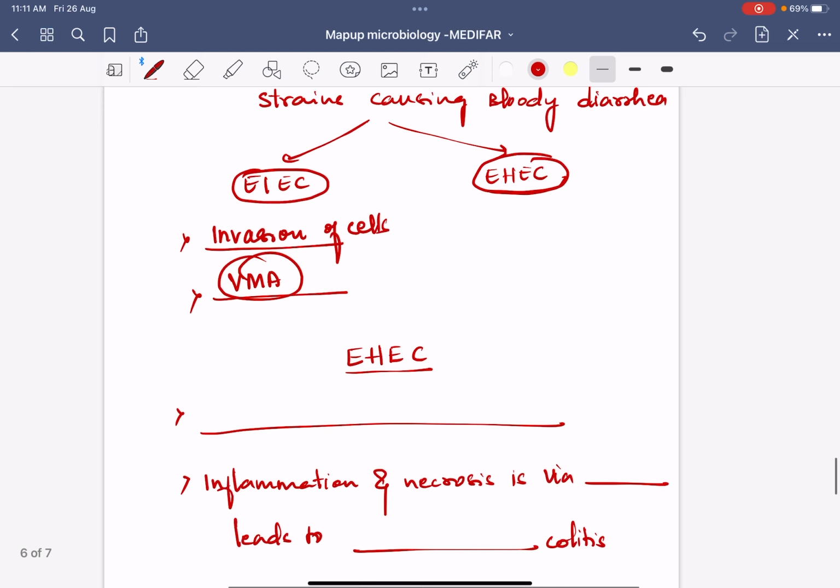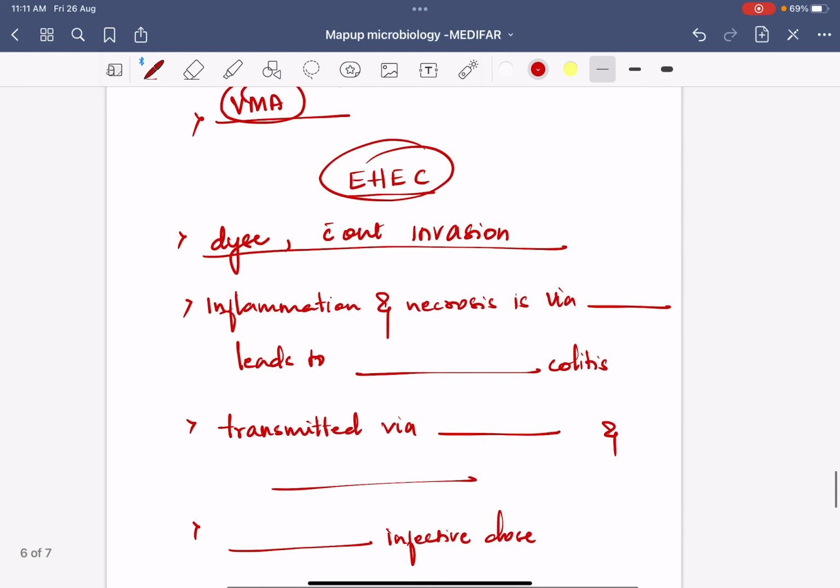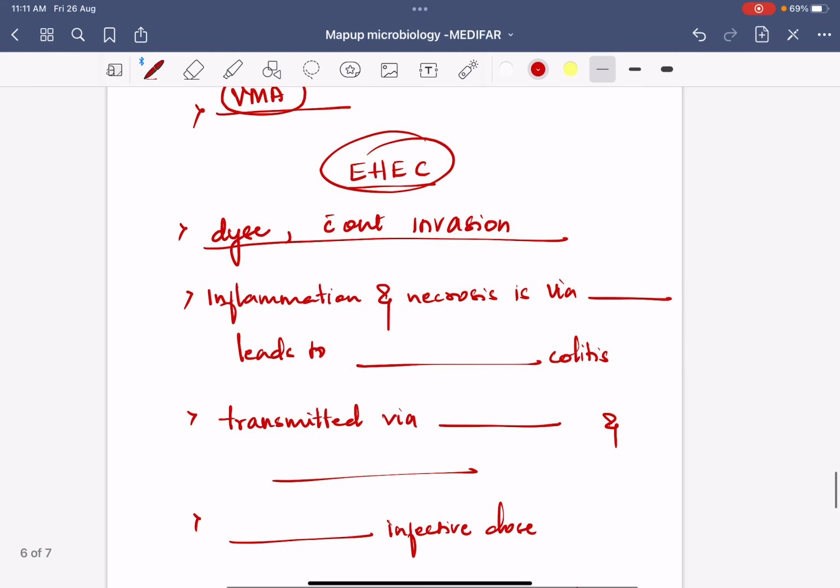Enterohemorrhagic E. coli causes dysentery but without invasion. It causes bloody diarrhea without invasion, meaning the inflammation and necrosis is via toxin.